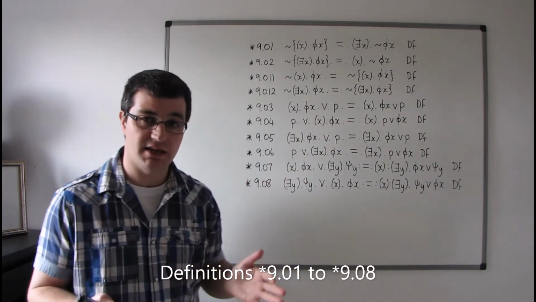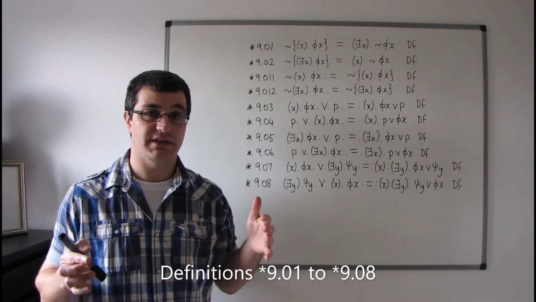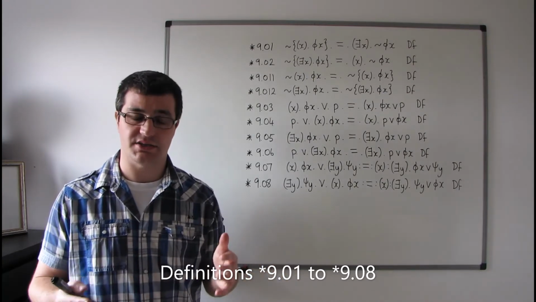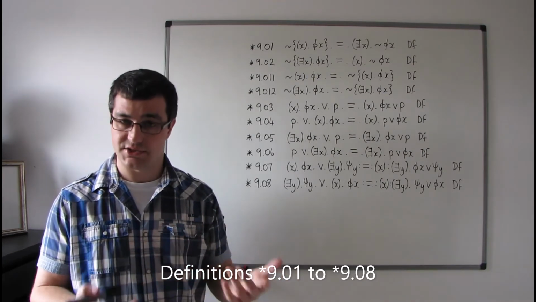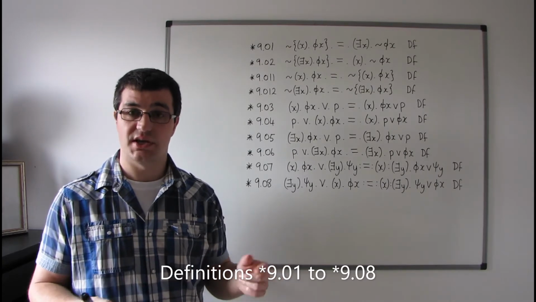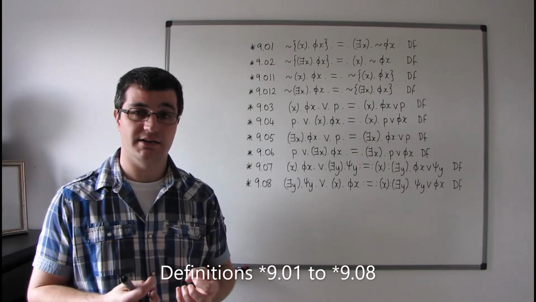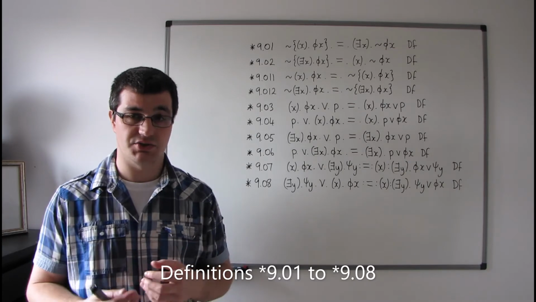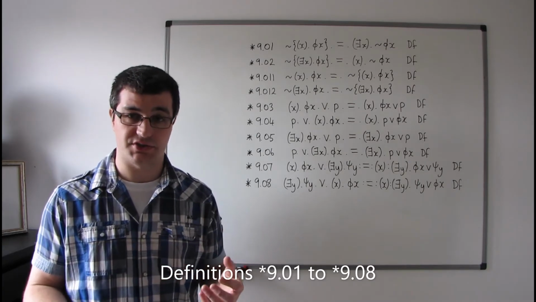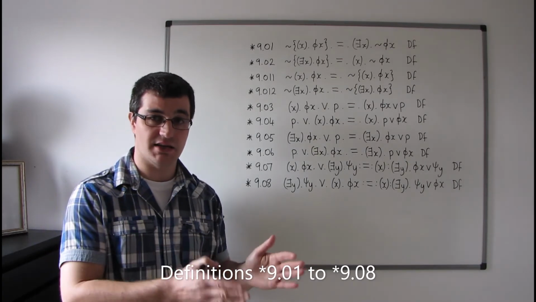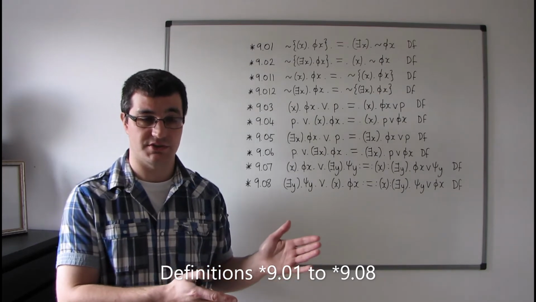We are going to take the primitive ideas of negation and disjunction as applied to elementary propositions, and we're going to define the meaning of negation and disjunction as applied to first order propositions in terms of the meaning as applied to elementary propositions.